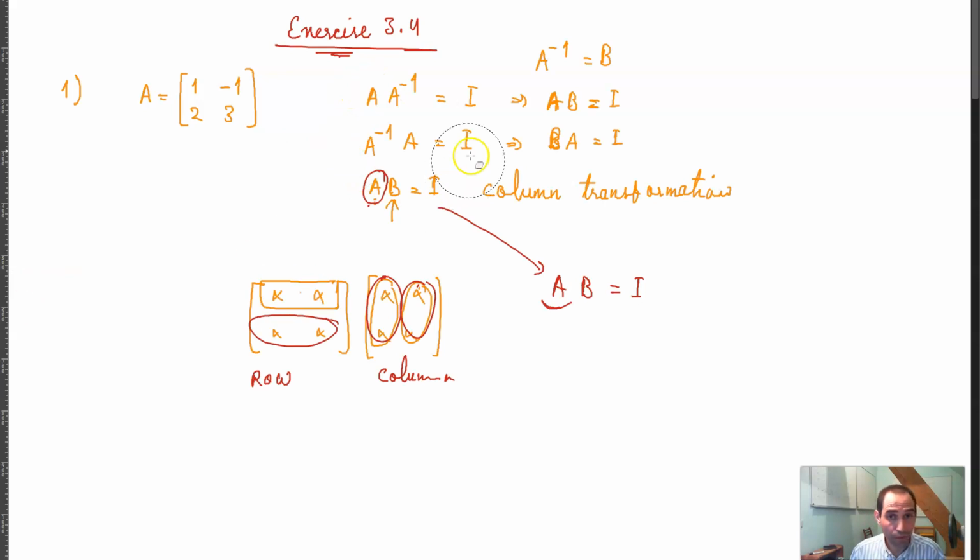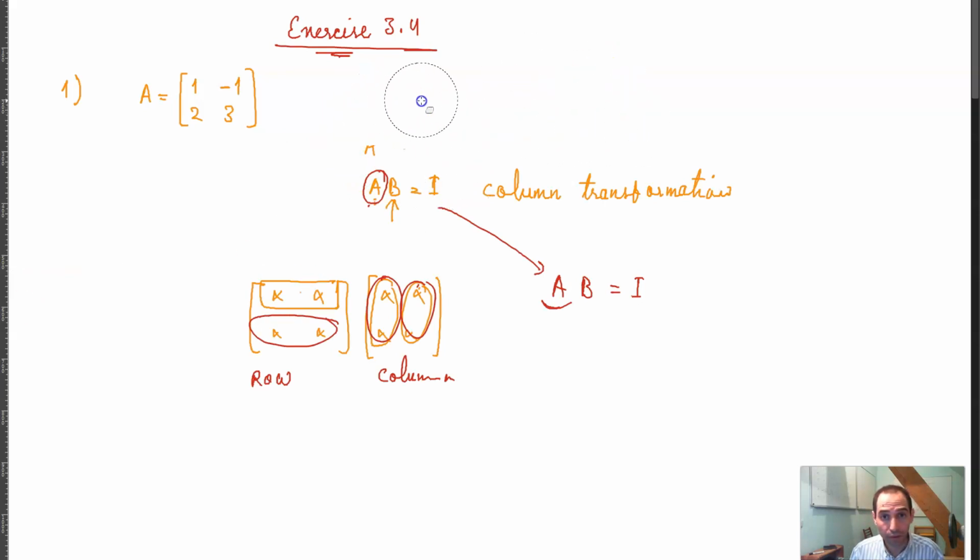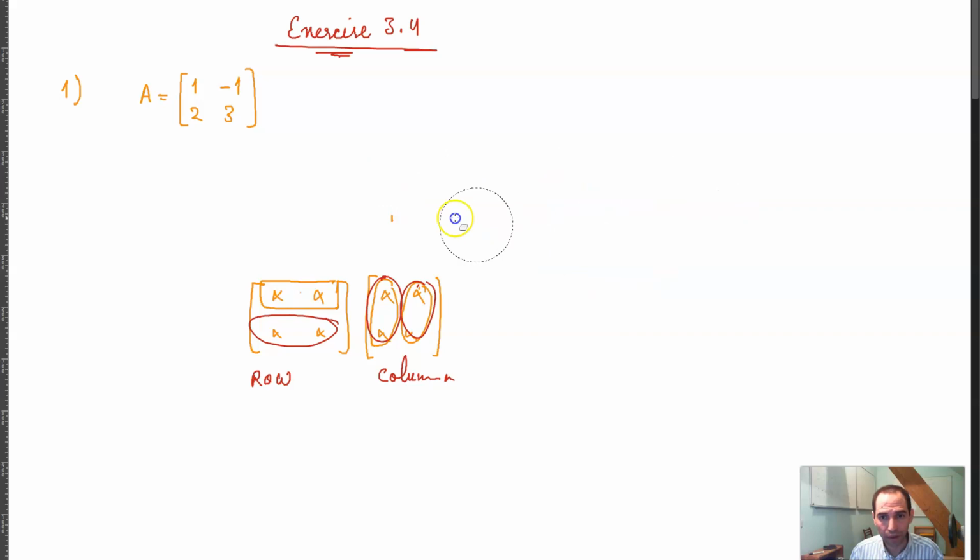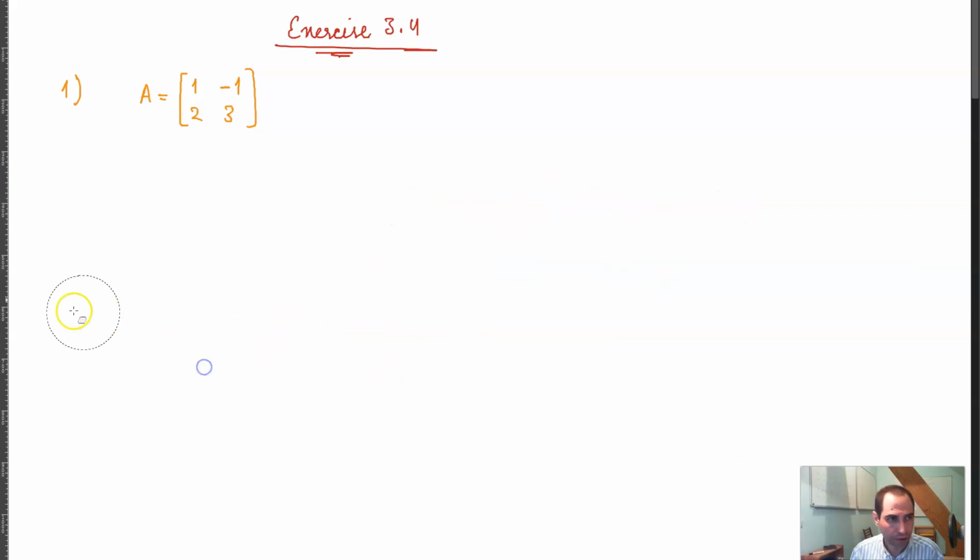In order to understand how you go about doing this, you know that if you have some matrix A, you can write it as A times I, which is equal to A again. You can write it as I times A, and that's equal to A again. In any case, you would get the same matrix back.